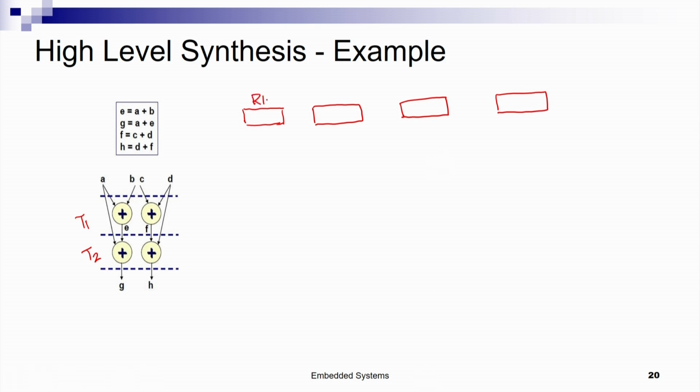So, initially we have A in R1 say, B in R2, and let us say C in R3 and D in R4. Okay. Now, let us say we have 2 functional units, one of them is adder 1.